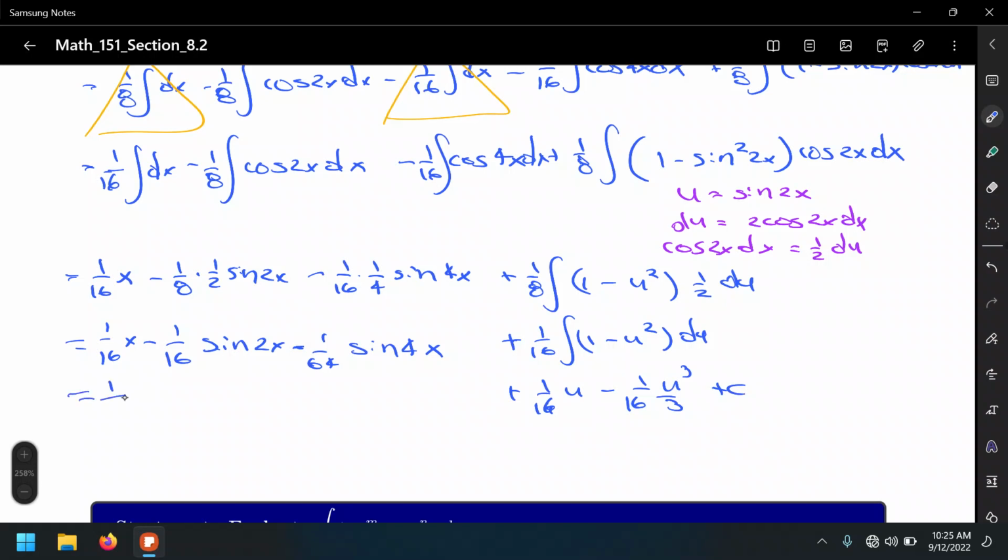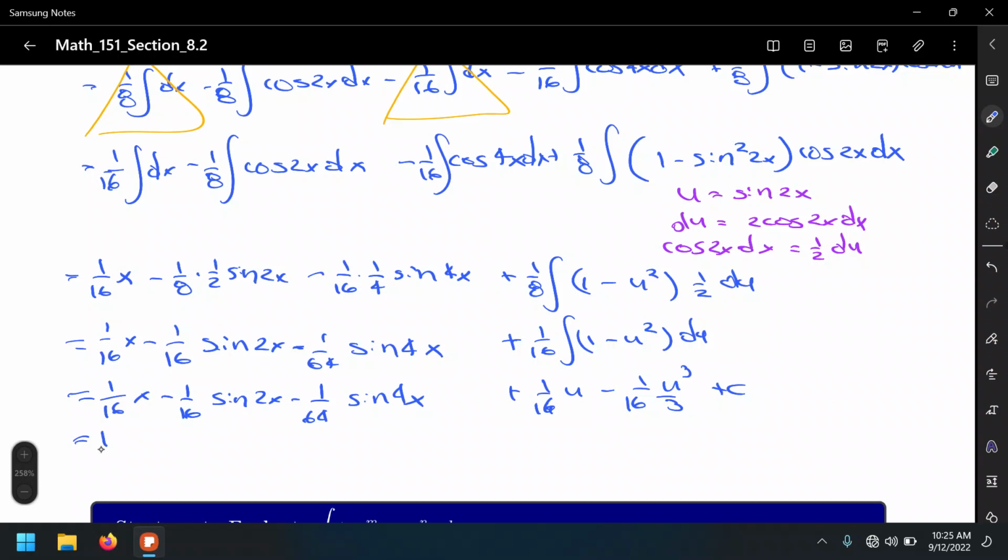Everything else remains the same. And all we have to do here is back substitute for the quantity u. And we said that u equals sine 2x.